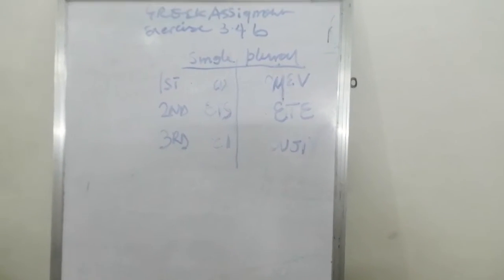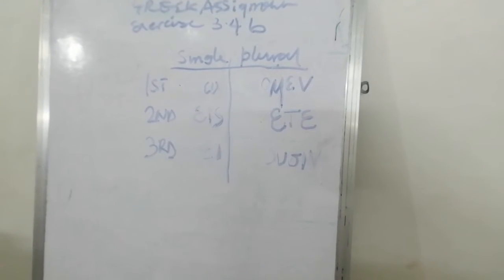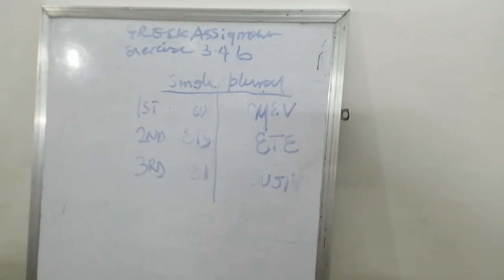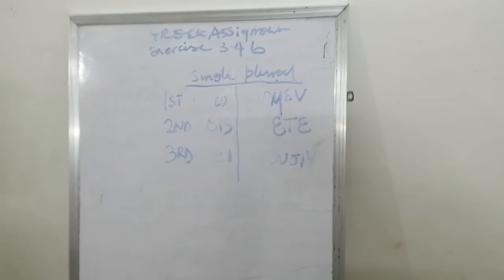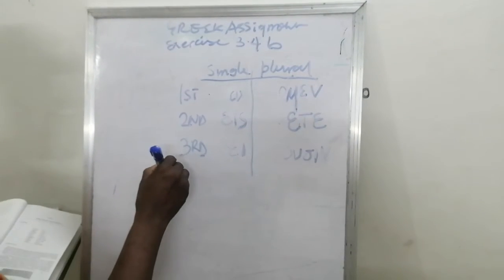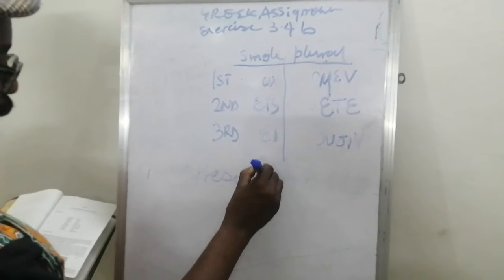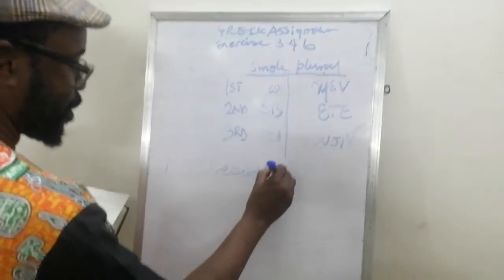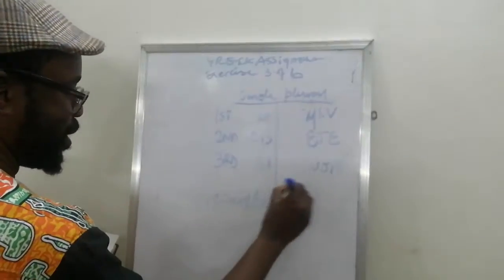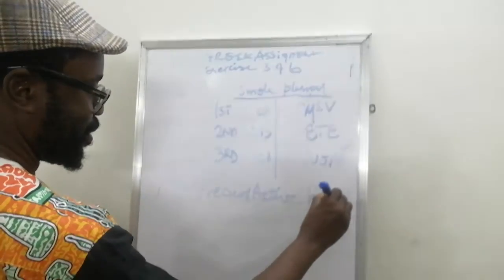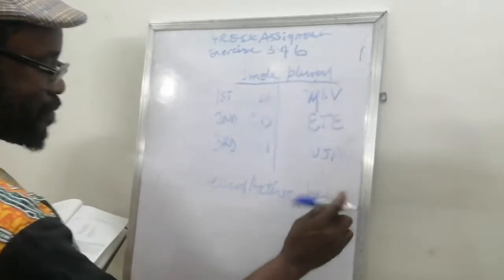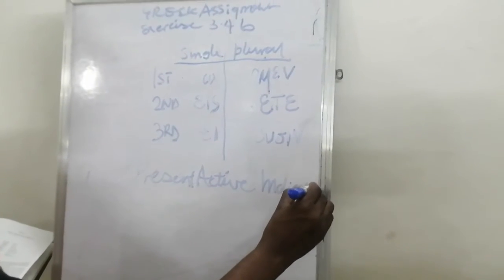If you have this chart, then you should be able to parse the verb. As a rule, from what we have seen in lesson 3, all the verbs we are parsing are present, active, indicative.